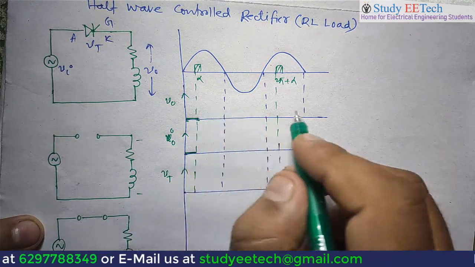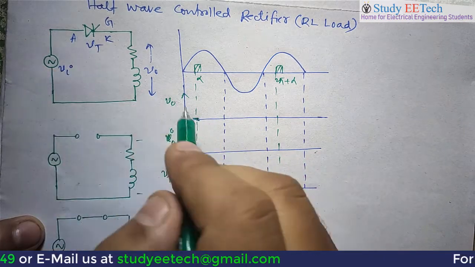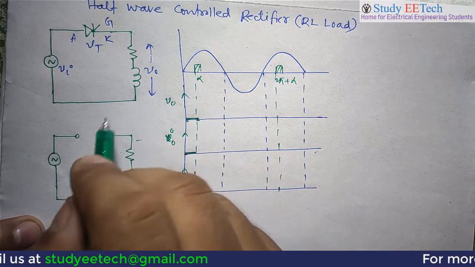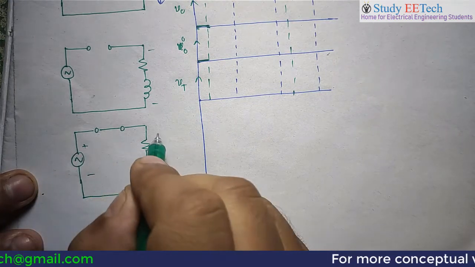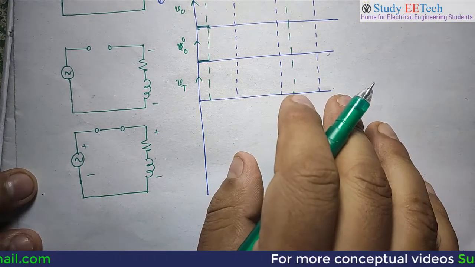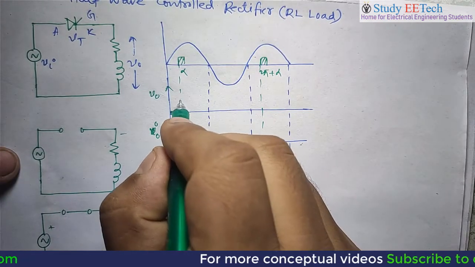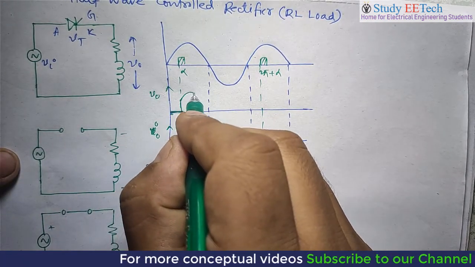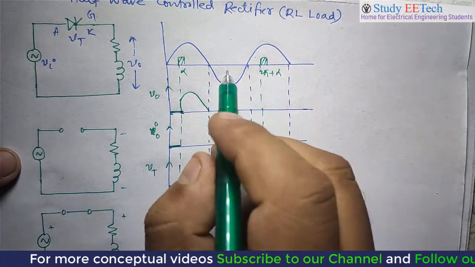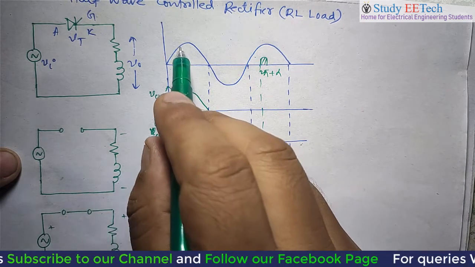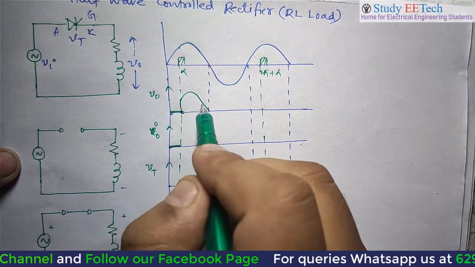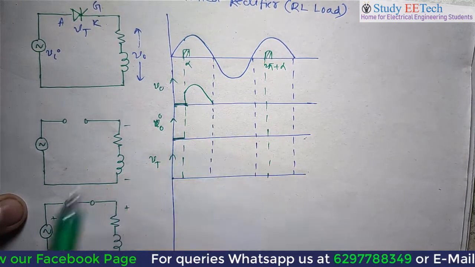Now when we trigger the device at the alpha point, suddenly the equivalent circuit becomes this one. So the input positive and negative appears here, and we get the output voltage exactly equal to the input voltage. They will be the same.